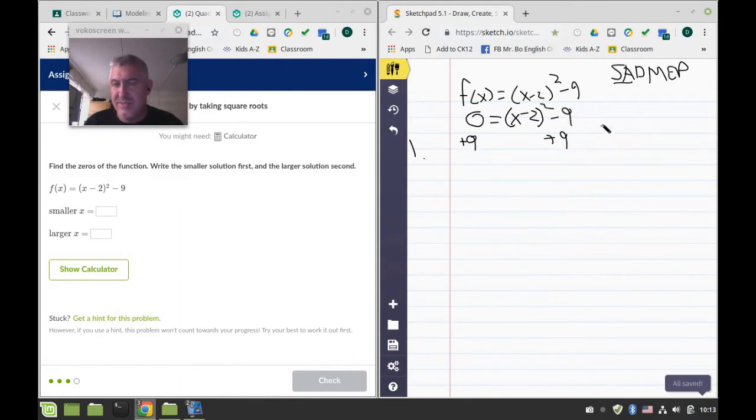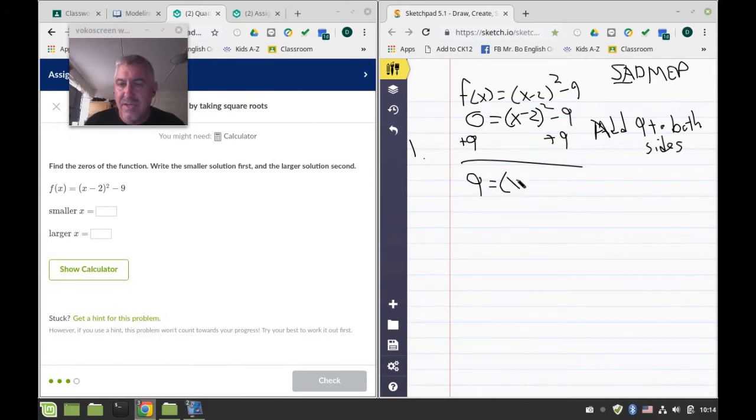So our first step is add 9 to both sides. So 9 is equal to x minus 2 squared. And now look for divide and multiply.